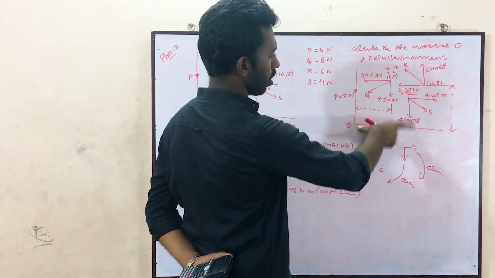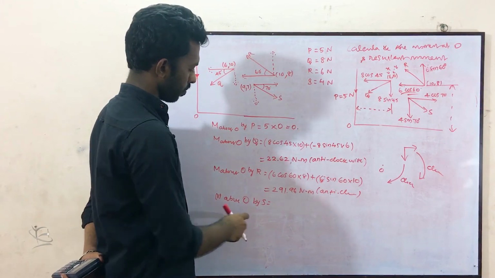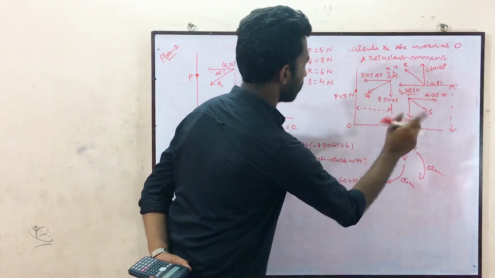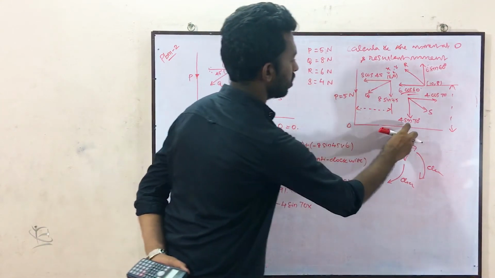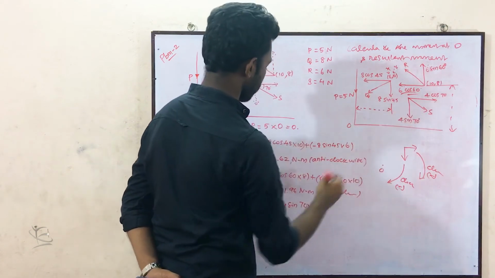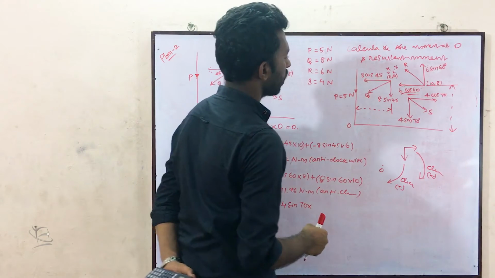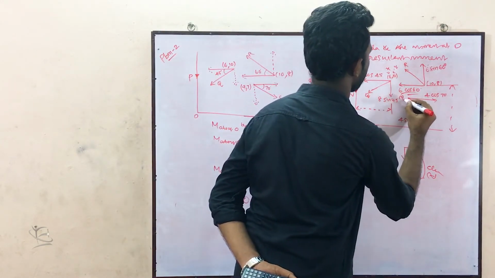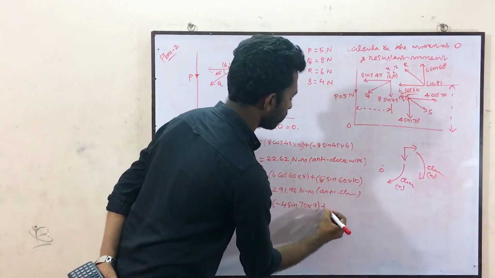Horizontal force clockwise is taken as negative, so minus 4 sin 70 into the horizontal distance. The point is given here as (9, 7), I forgot to write it. So the horizontal distance is 9.